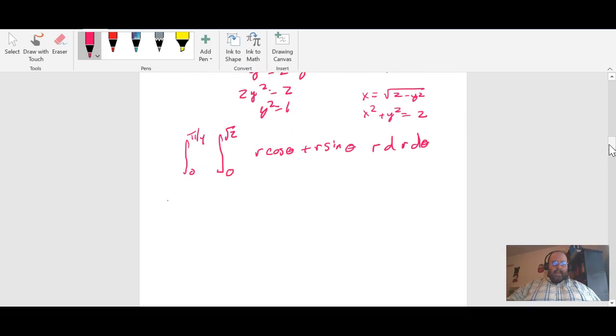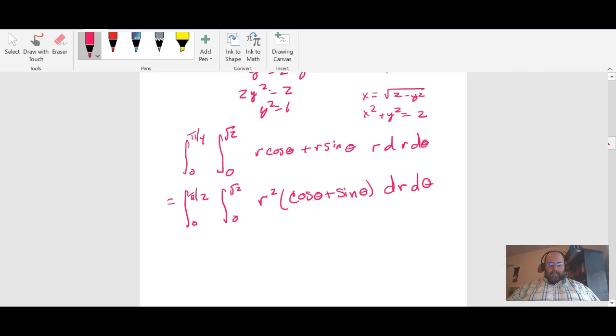Let's look at how this works. This is going to go 0 to pi over 4, 0 to radical 2. I'm going to factor out the r and bring this r in, so that's going to give r squared times cosine theta plus sine theta, dr d theta.